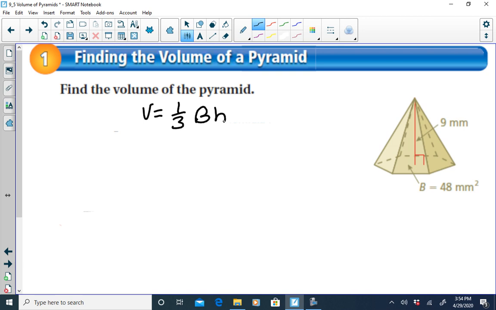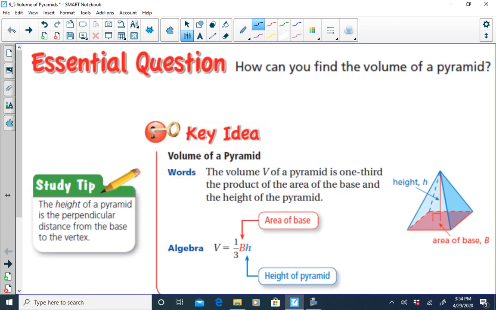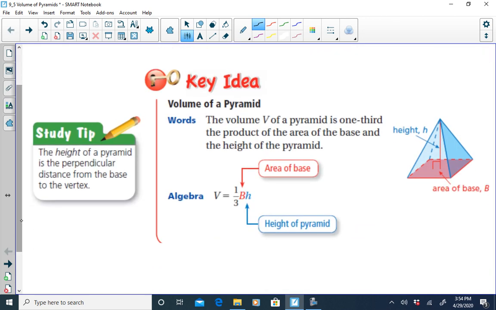Now that height is the height of the pyramid from the center to the vertex. Let me go back here. That height is this height here. It is the height from the center to the tip.